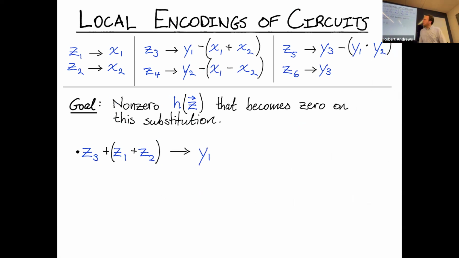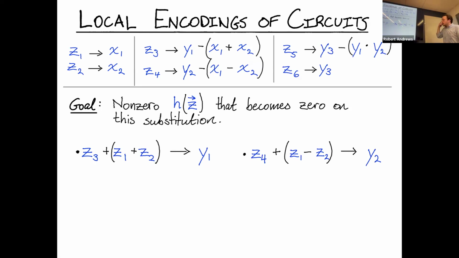So if you write down the polynomial z3 plus z1 plus z2, when you perform this substitution, this simplifies to y1. You can do the same thing with y2. If you look at the polynomial z4 plus the difference z1 minus z2, on this substitution, it simplifies to y2. This should be relatively easy to see so far.